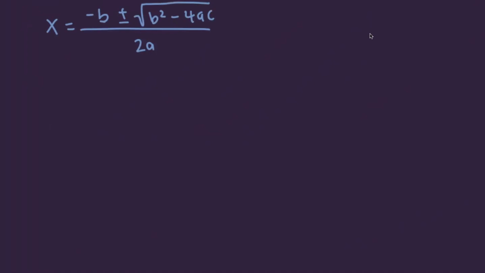But right now, let's shift our attention to the formula in our square root. Now, b squared minus 4ac, this part is particularly known as the discriminant.